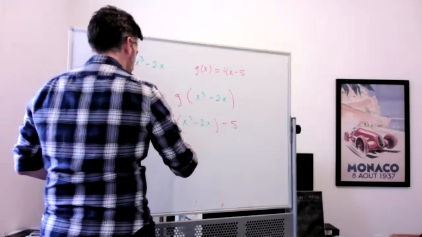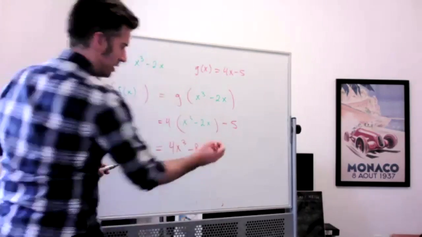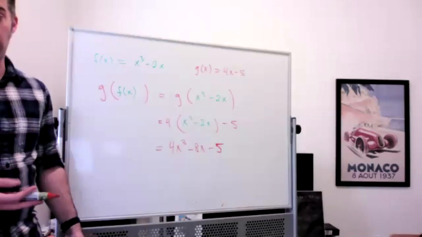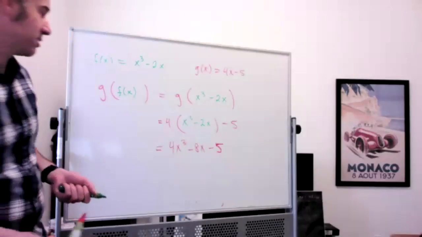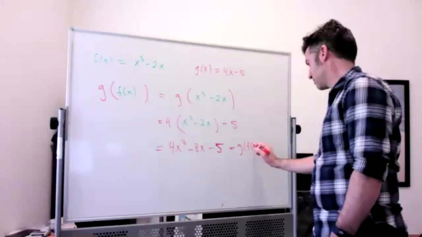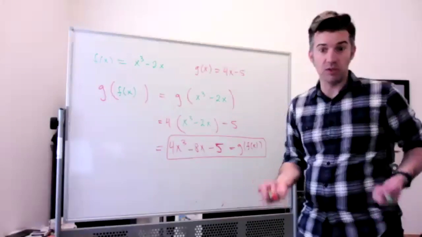You can get 4x cubed minus 8x minus 5. That's a 5, believe it or not. And that would be the function g of f of x, or the composition g of f of x.